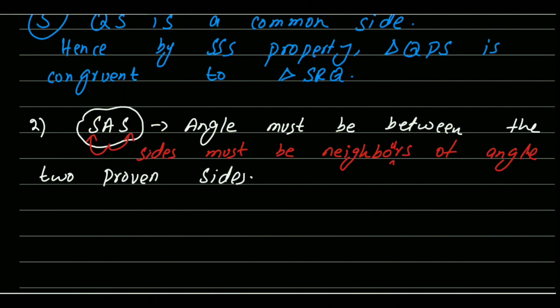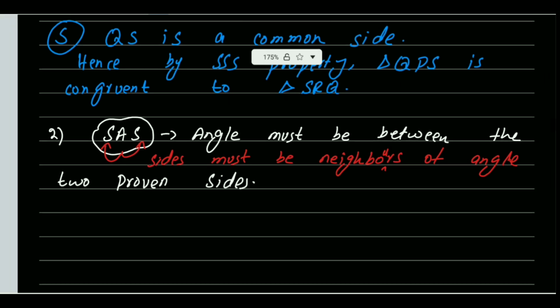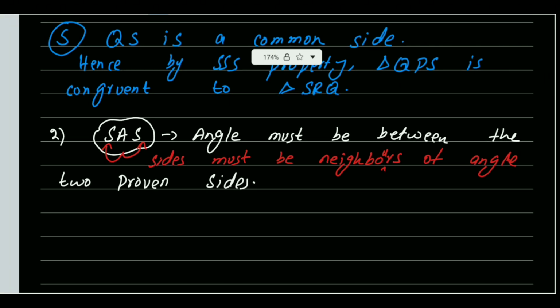Okay, so the angle must be between the two proven sides, and the sides must be neighbors of the angle.